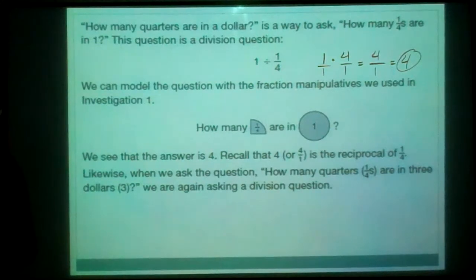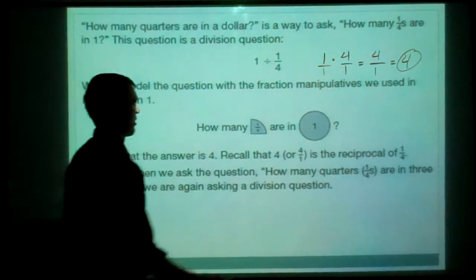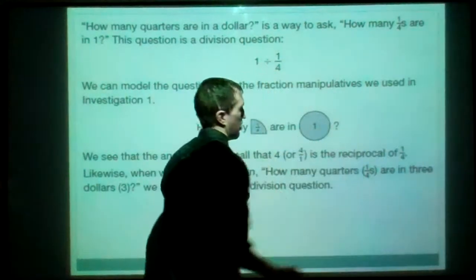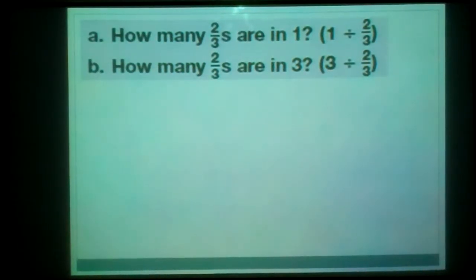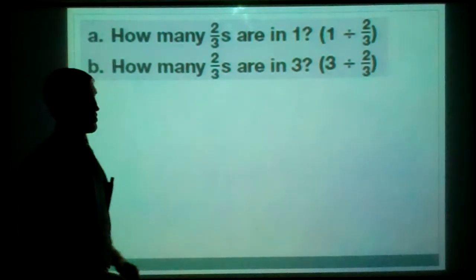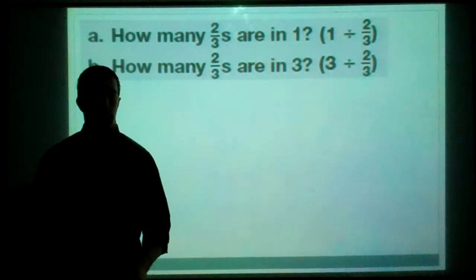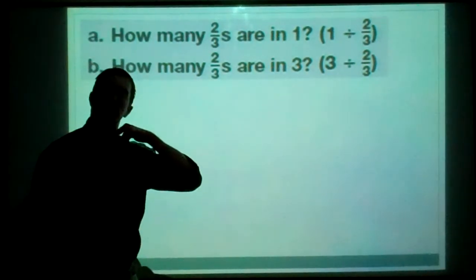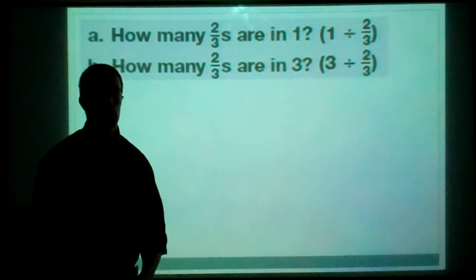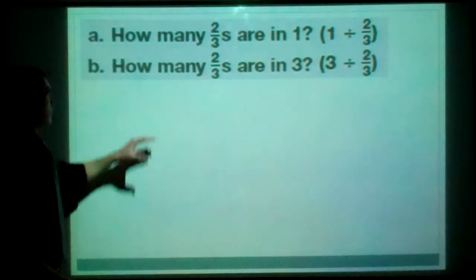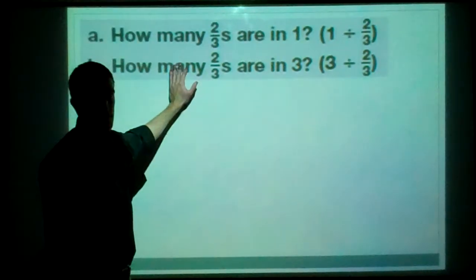So let's take a look at some examples here. For instance, this one says, how many 2/3 are in 1? Or, what is 1 divided by 2/3? You can always think of it by putting in numbers that you know.